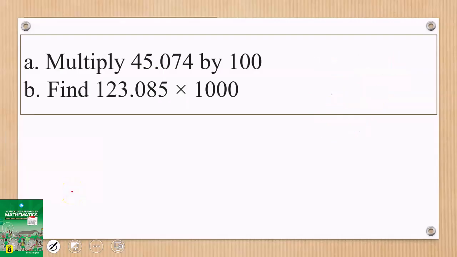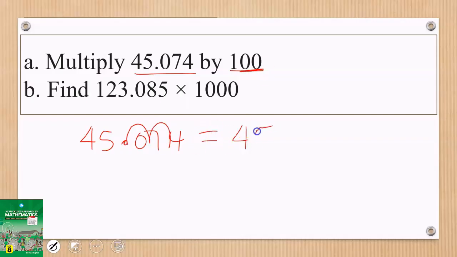Now, because this one is decimals, our 45.074, the decimal point will move to the right 2 times or 2 steps. So 1, 2, because we have 2 zeros here. So that the answer becomes 4507.4. So that becomes the result for multiplying by 100.